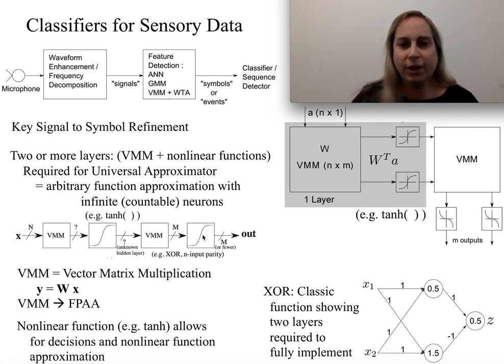And so we often talk about a layer as a vector matrix multiplication of a set of inputs and a nonlinear function. What we find is that for a typical sigmoidal structure, which is tanh, which is what most people like to use, I need at least two layers to be able to do this sort of computation such that I have what is called a universal approximator.